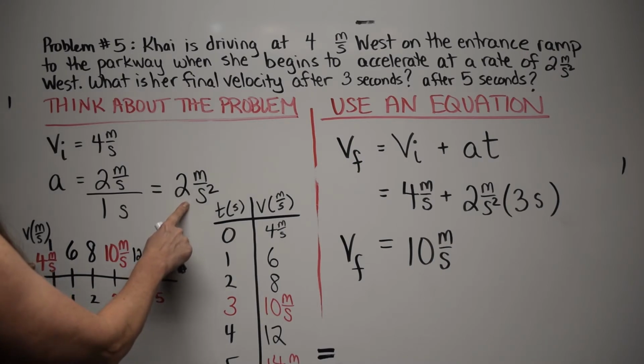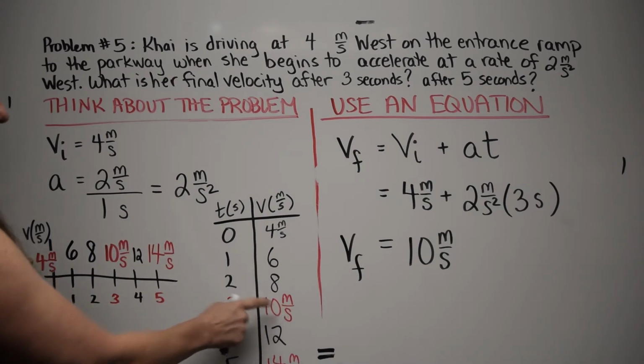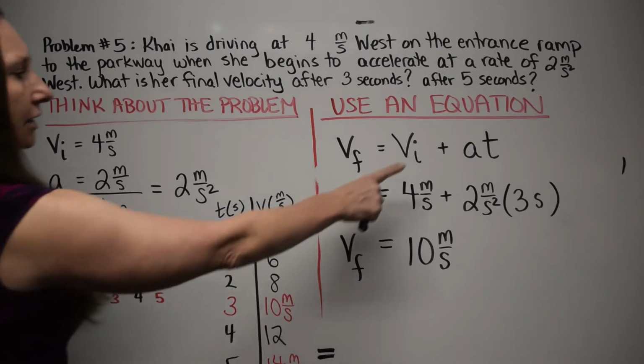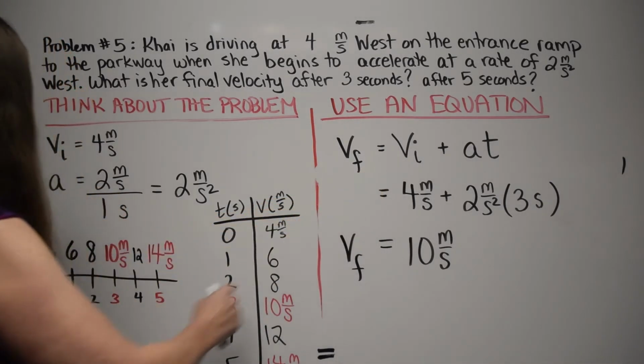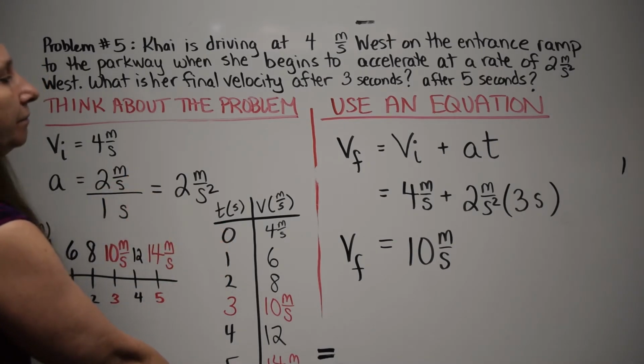You're going to add the acceleration times the time, which would be 6. So it's going to be 4 plus 6. That's how you got the answer 10. For this one here, you started with an initial velocity of 4 plus a times t. 2 times 5 is 10. 4 plus 10, the answer is 14.